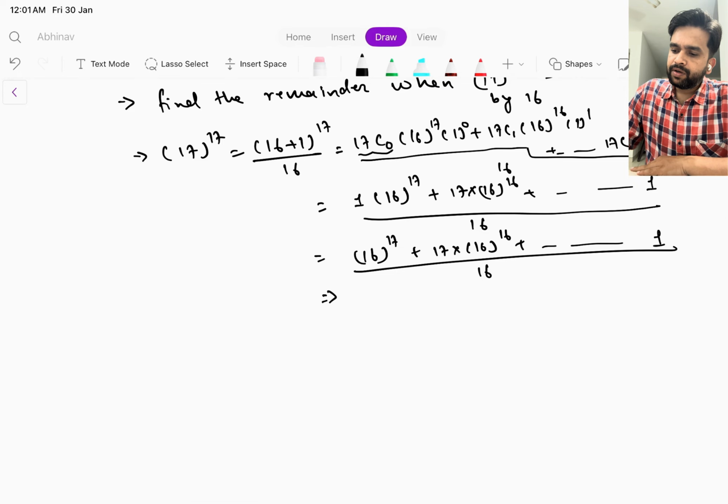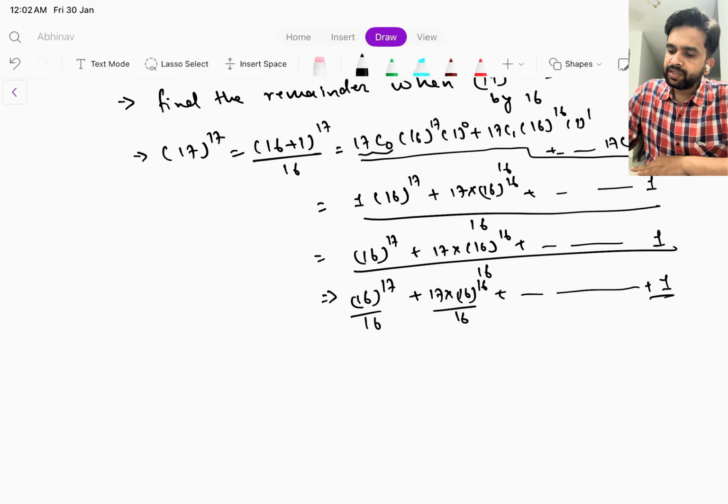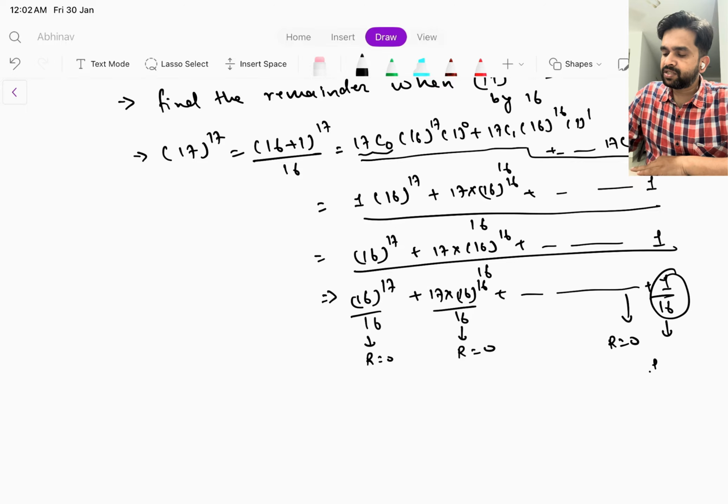So the first term, the second term, and all the terms except the last term will have one 16 in them. So in this case remainder is 0, in this case remainder is 0, going like this till the second last term. Here remainder is 0 except the last term. Here I am left with 1 divided by 16. Since 1 is not divisible by 16, hence the remainder is 1.